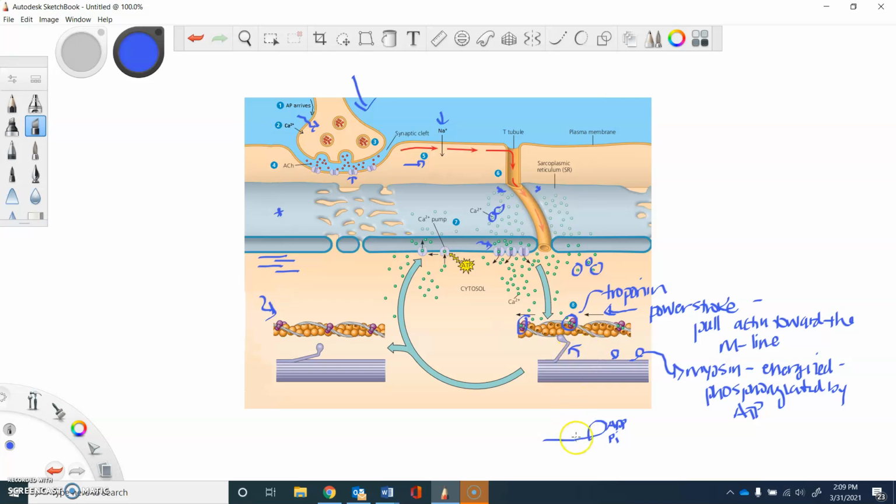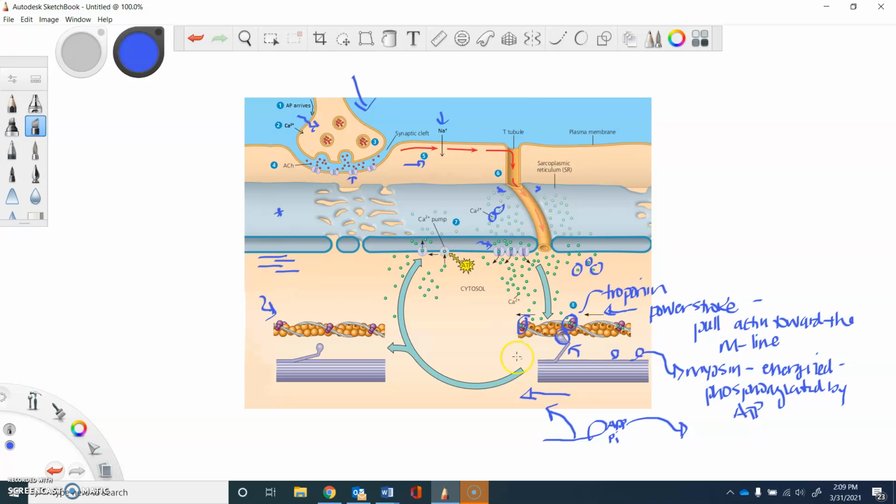And as soon as they go up and bind and do their power stroke, that inorganic phosphate and the ADP goes away. It's used. It uses that energy. And once it's gone, it's kind of stuck here on the actin. It's literally stuck there. It can't let go.